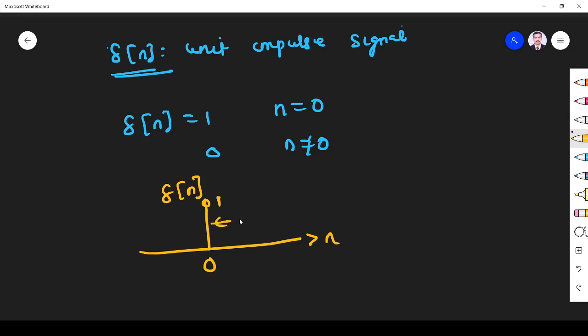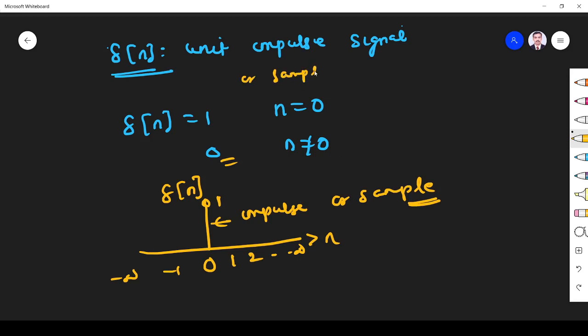You can call this an impulse or a sample. For all other n, from 1 up to infinity and from minus 1 to minus infinity, the value is 0, so there is no need to draw. This is the unit impulse, or unit sample signal. The other name is unit sample signal.